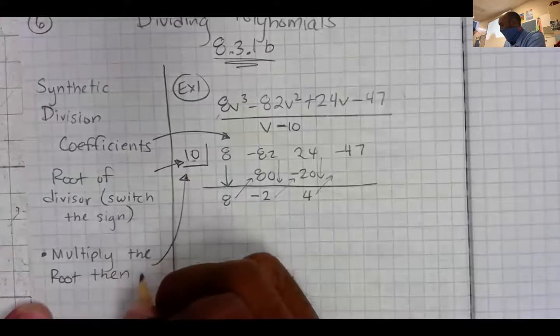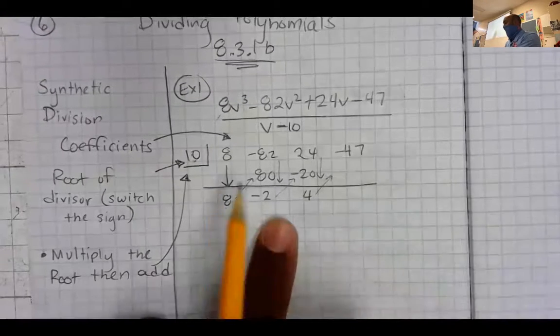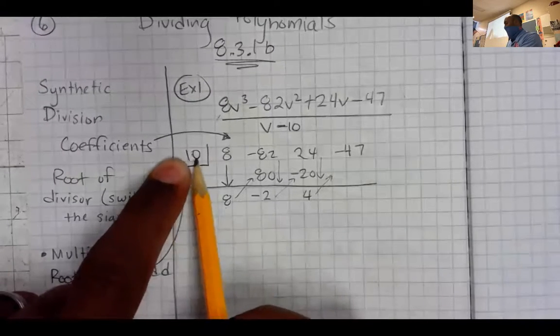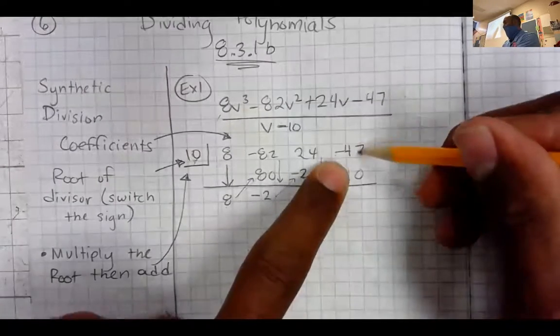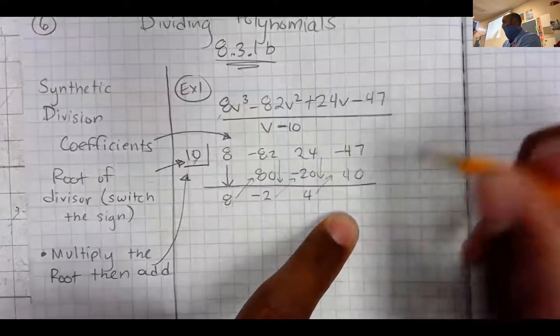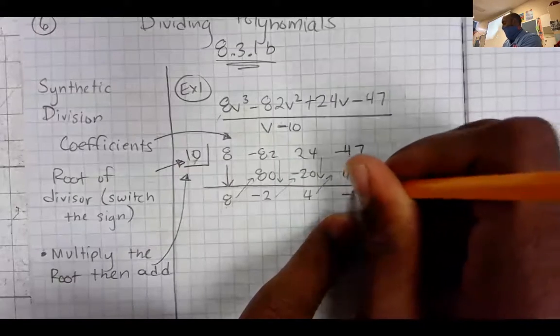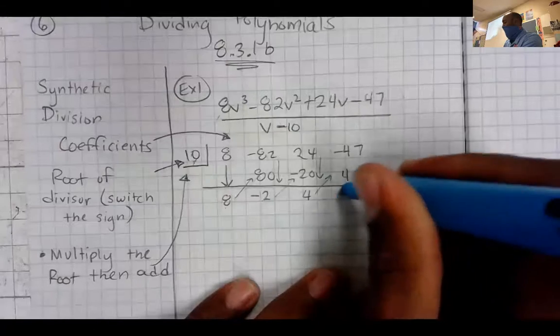Then add. Okay, so down, 10 times 4 is 40, and now I add these two together, and this is the last step. So negative 47 plus 40 is negative 7. That very last number is the remainder, just like yesterday.